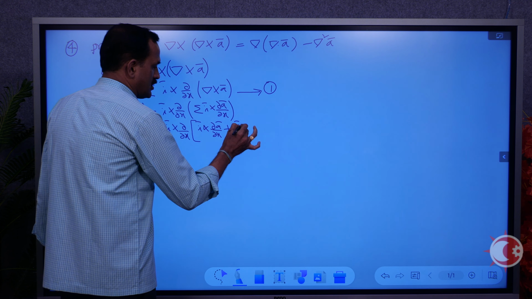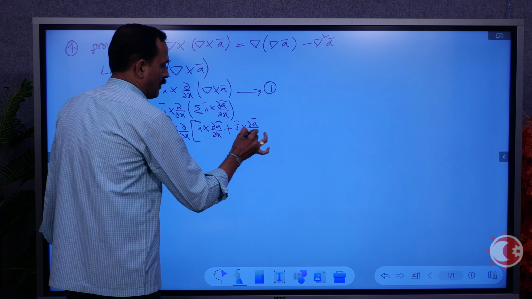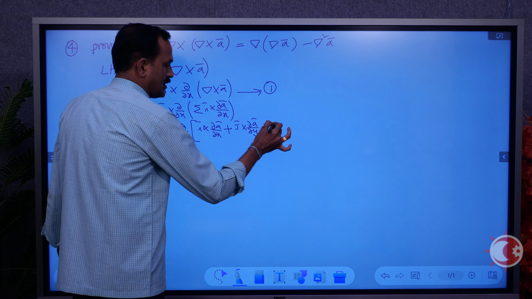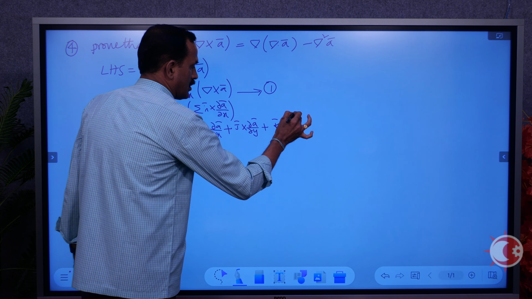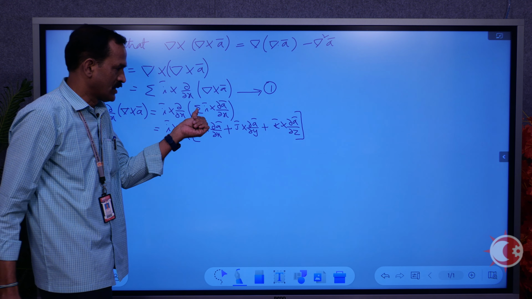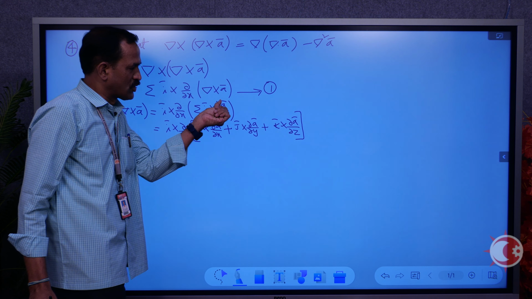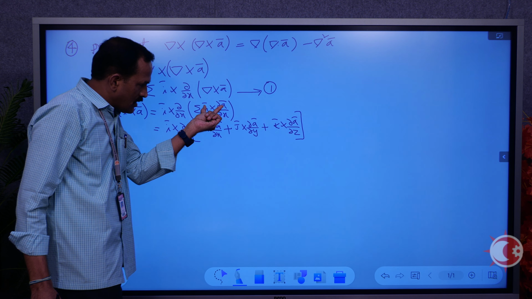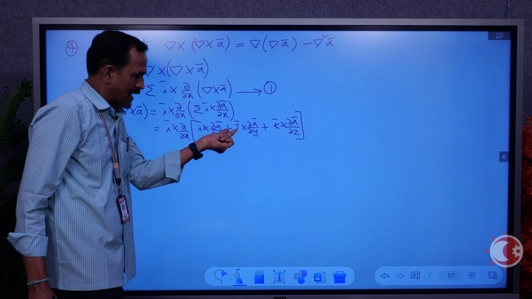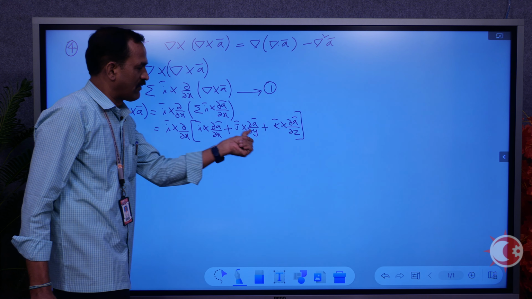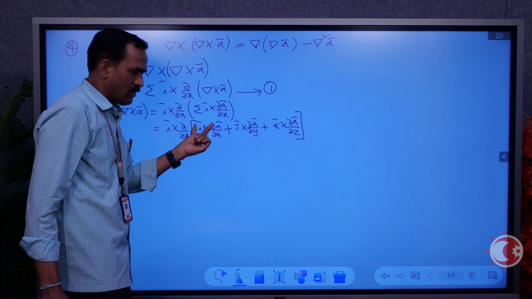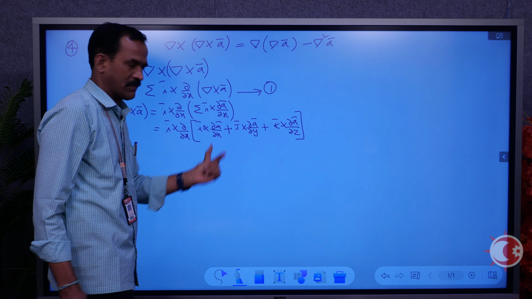What you will get: J bar cross dou A bar by dou y plus K bar cross dou A bar by dou z. This is the sigma expansion. The first term will be as it is, then replace I by j and j by k, x by y and y by z. So we will get 3 terms in the expansion of sigma.